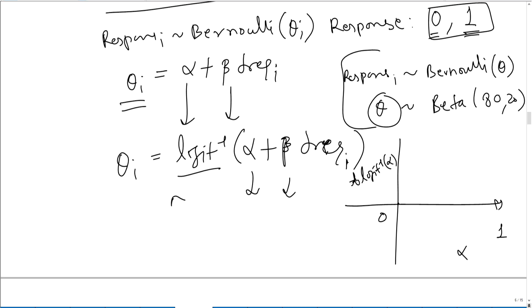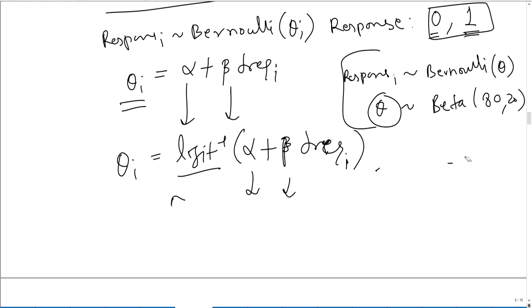So let's say alpha can take any values between minus infinity and plus infinity. The value of inverse logit would be strictly between 0 and 1. So let's say here is 0, here is 1. It looks like this.